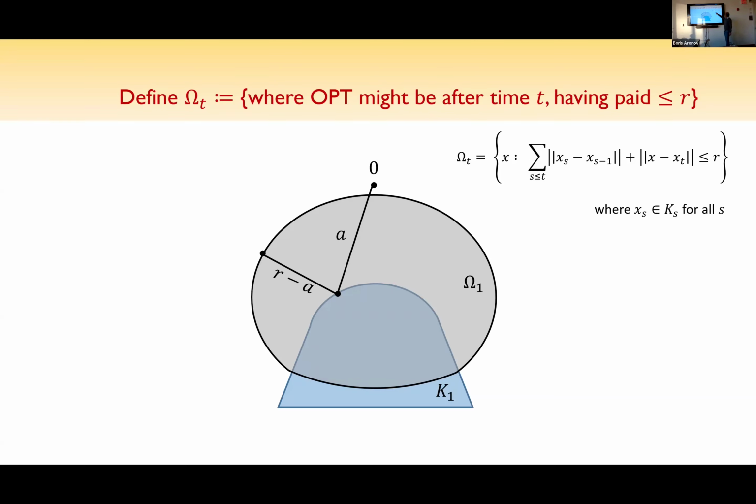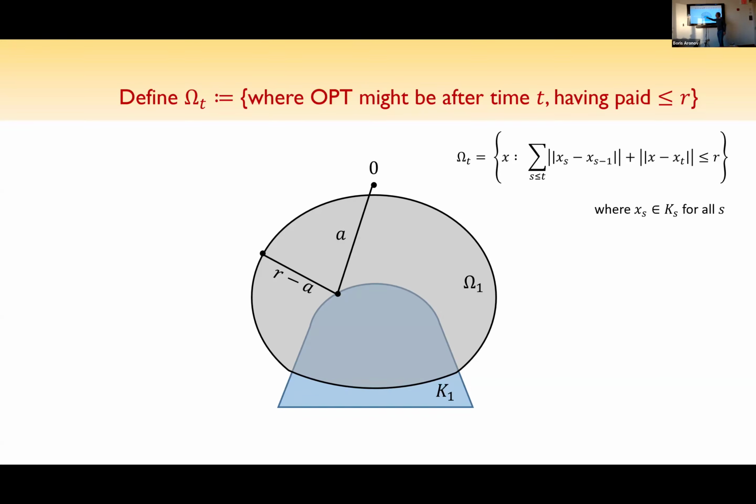So remember opt: these are all points x such that the length that opt is traveling to reach x and satisfying all the constraints is at most R. These are all the points where opt could be hiding. So before you've seen any bodies, opt could be hiding anywhere in the ball of radius R.